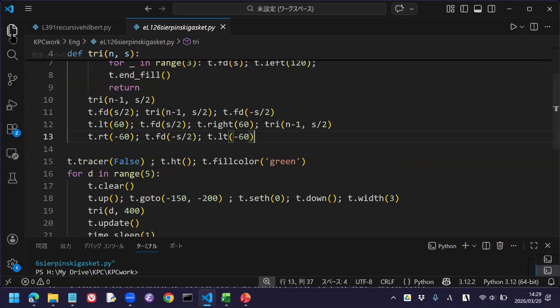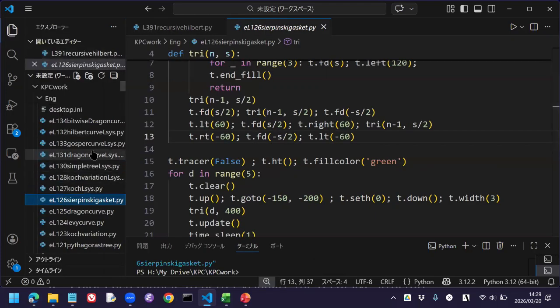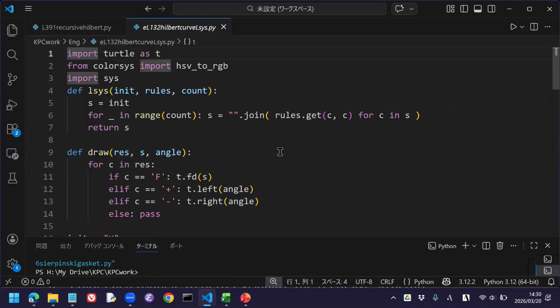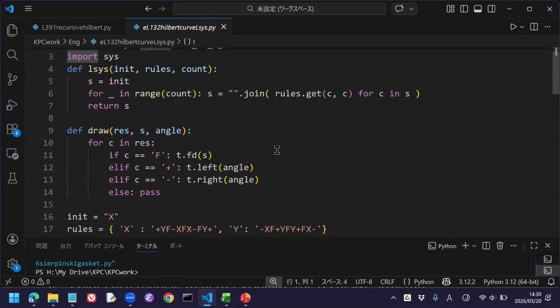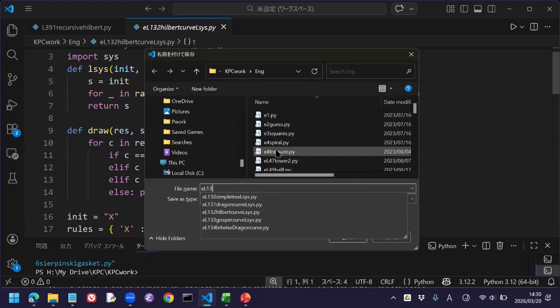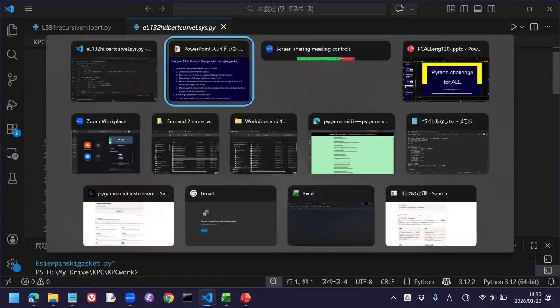To do that, let's open one example of Lindenmayer system, for example the Hilbert curve, which we drew several lessons back. We will start from this code. Just save as, 135, was it?